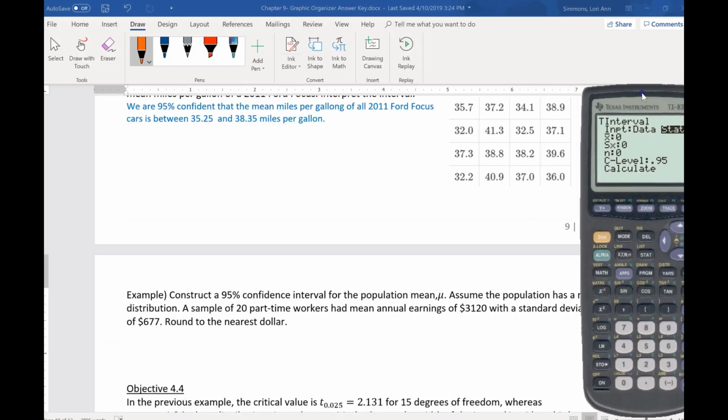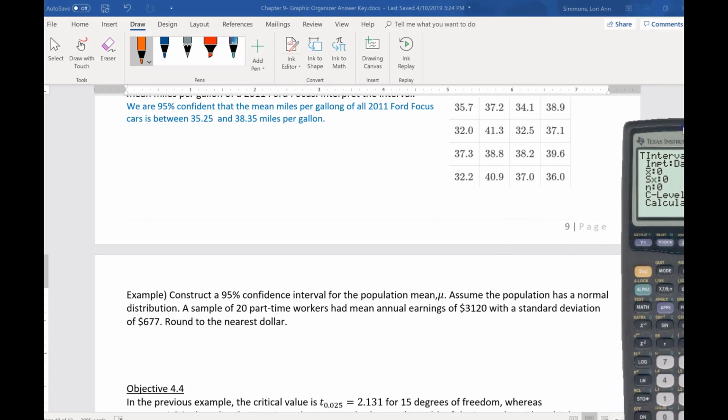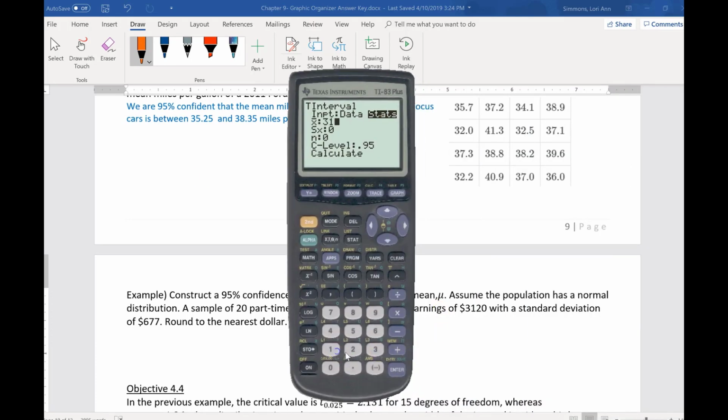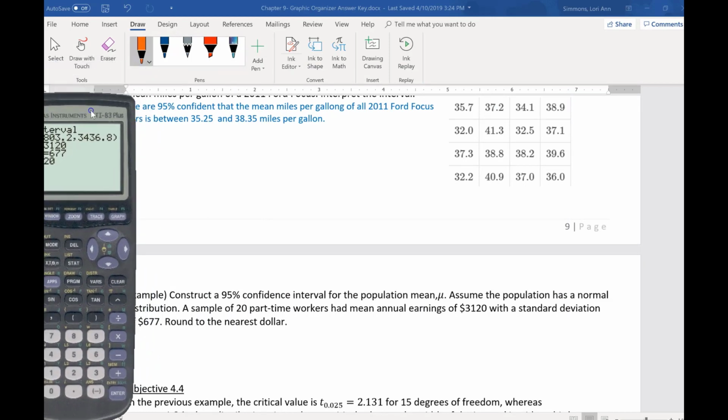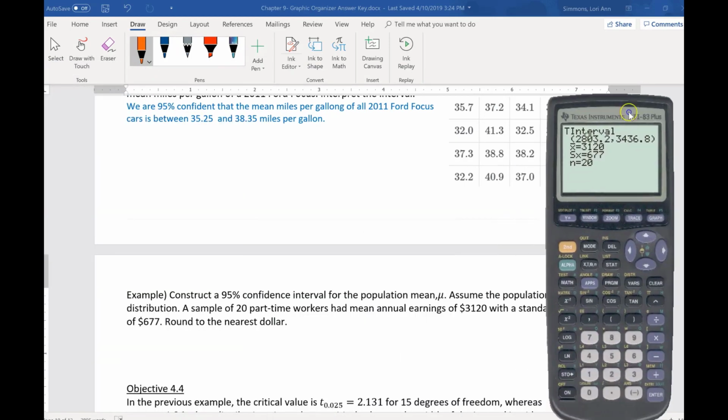So we have a mean of 3,120, standard deviation of 677. There's 20 workers, 95% confidence interval. Therefore, we are 95% confident that the population of part-time workers had a mean annual earnings of $2,803 and $3,437.